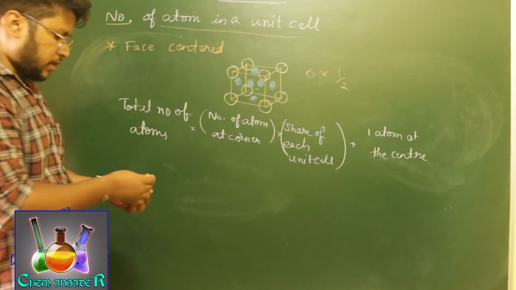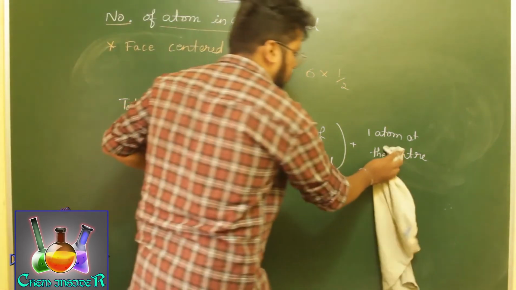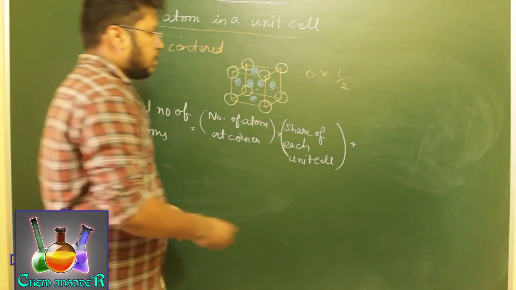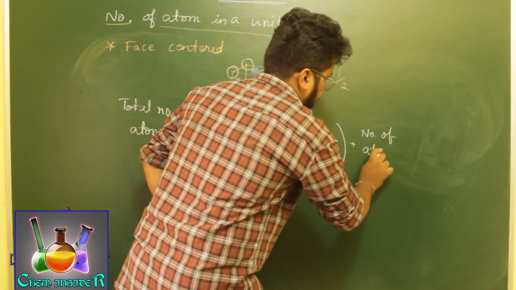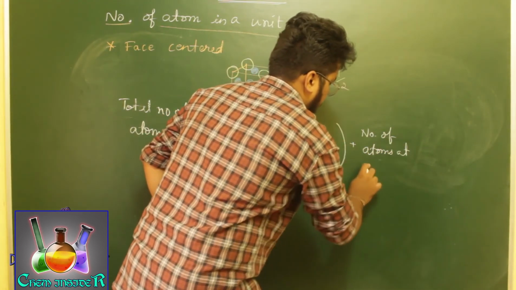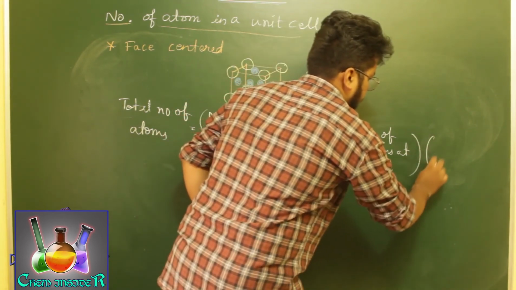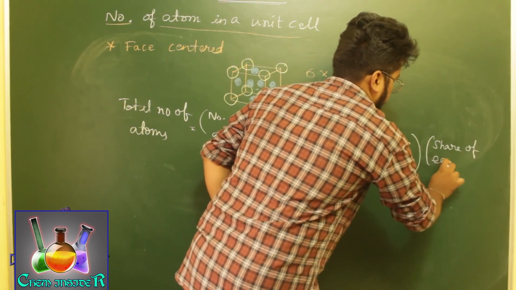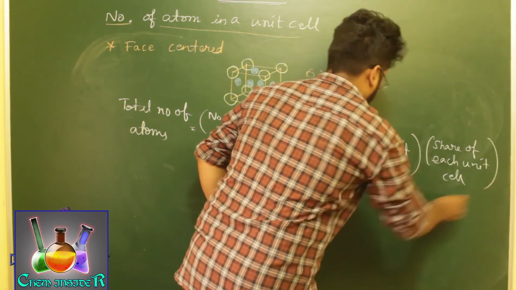So if you write the formula for that, we'll get number of atoms at the corner into share of each atom plus number of atoms at the faces into share of each unit cell. So this will be the formula.